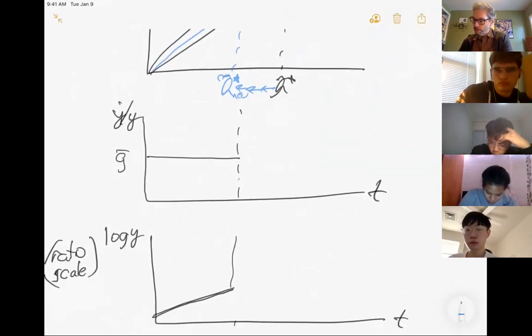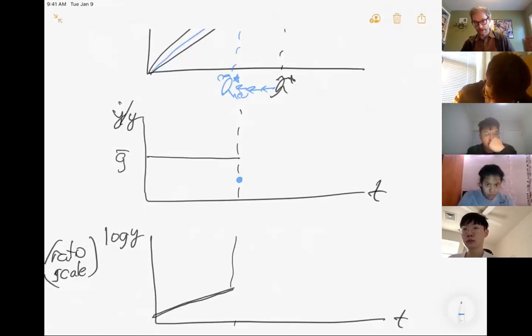Growth actually falls below G bar, right? In other words, we have lower growth because we're above the balanced growth path. But as we transition to the new balanced growth path, growth will go back up to G bar in the long run.